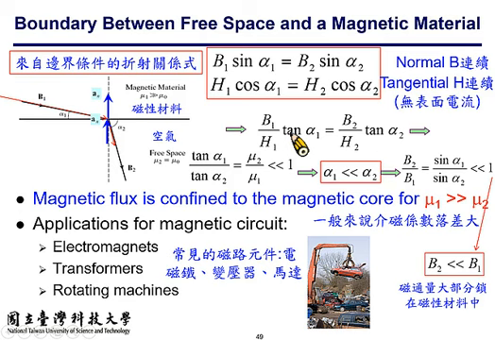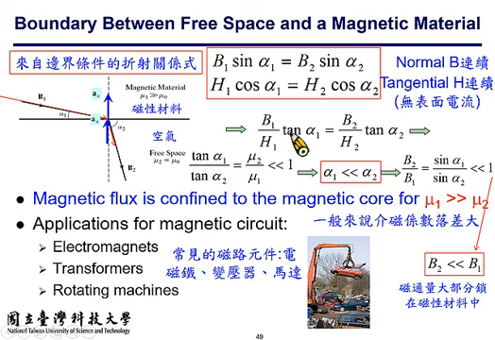So we can conclude, due to this relationship, that alpha 1 is much smaller than alpha 2, which leads to the result that B2 is much, much smaller than B1. Even though you can have some magnetic flux density outside of the magnetic material, the ratio between the leaked field and the field within the ferromagnetic material approaches 0.